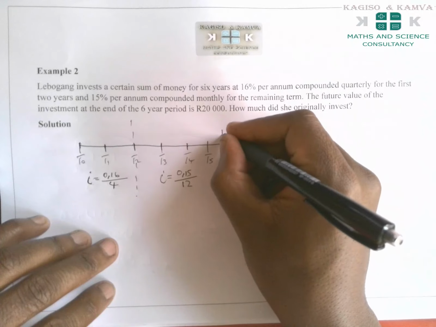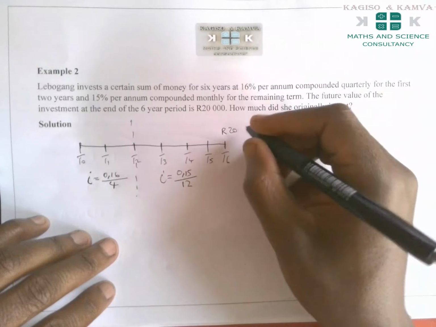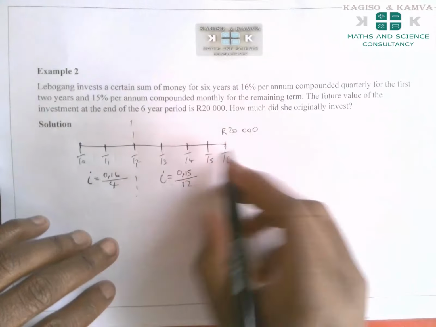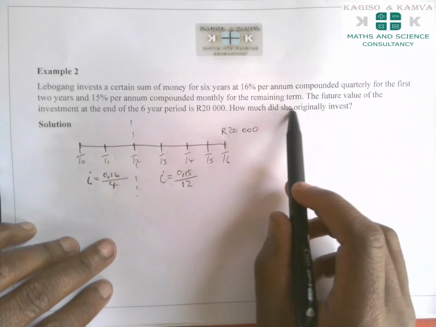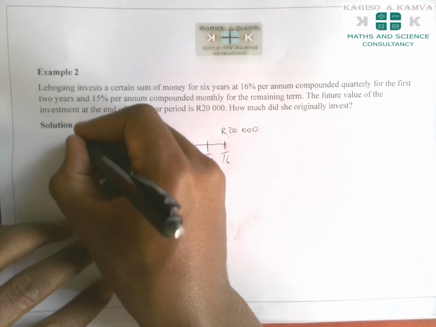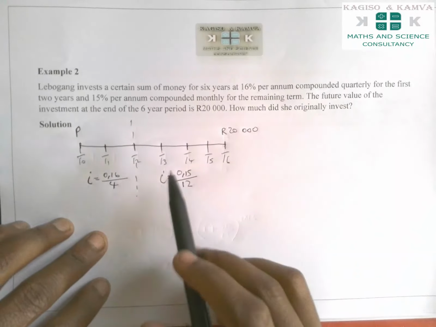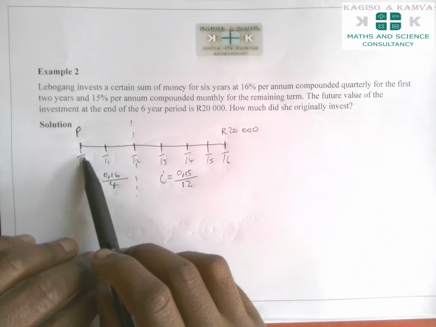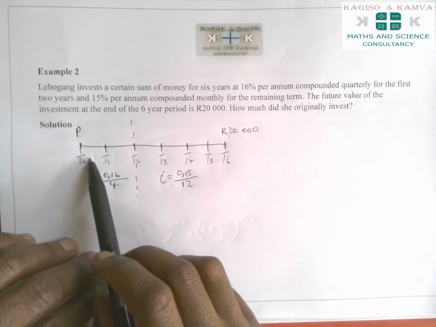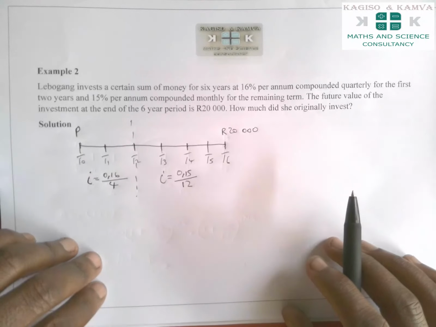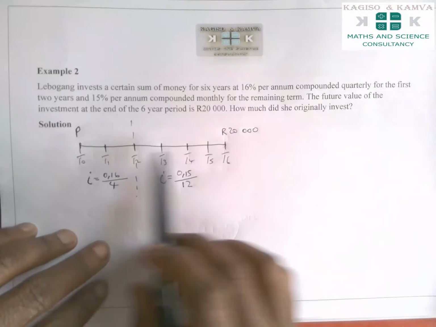So we've got 20,000 there. Now how much did she originally invest? So we're looking for P, the present value there. So how can we get the present value there?